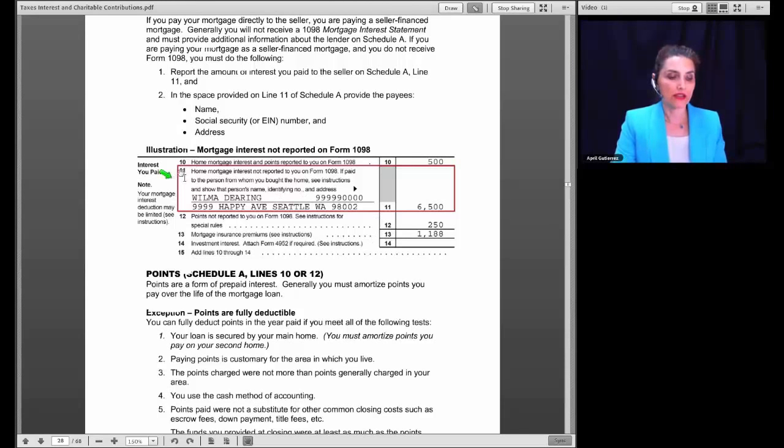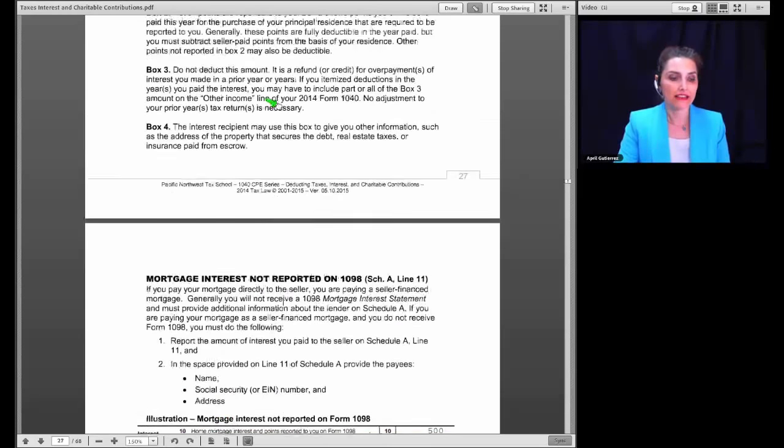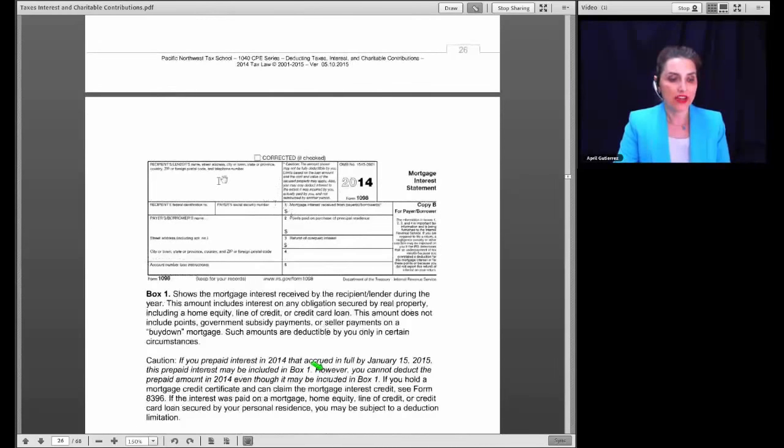Now, the other time that I use this line, and I actually use it fairly often, it may or may not be quite within the intention of the form, but it's how I do it anyway. When you have a client that claims a deduction on Schedule A and the 1098 that they've received does not have their Social Security number on it, right here, it says payer Social Security number.